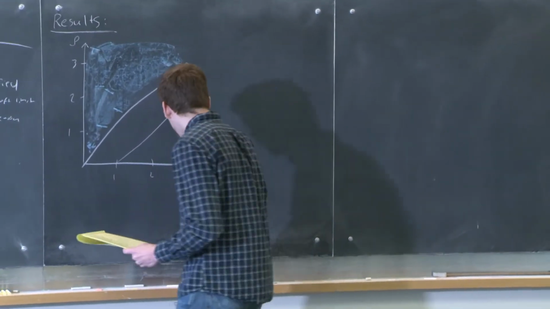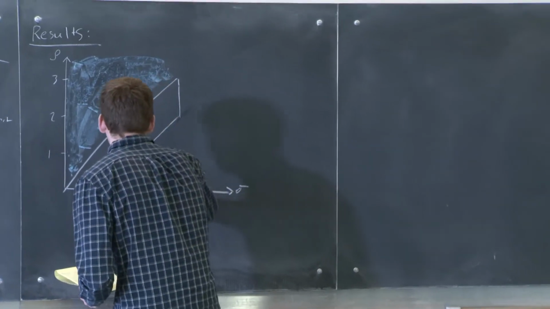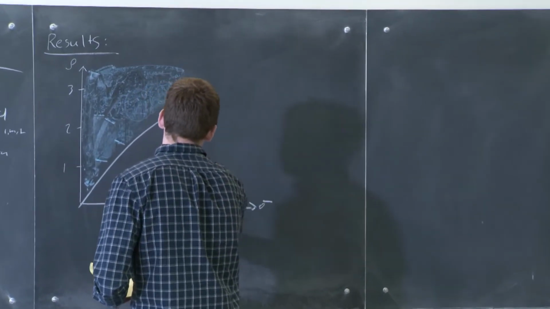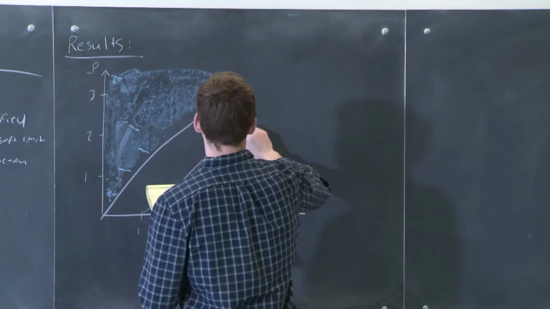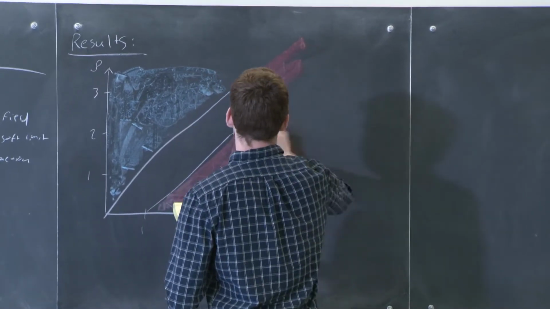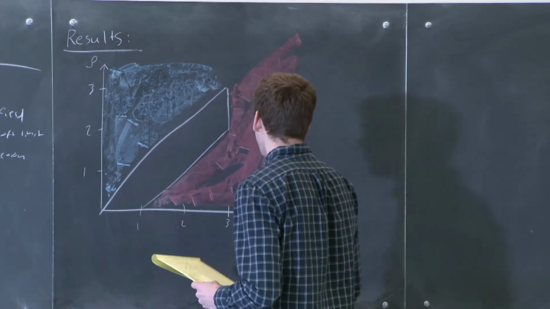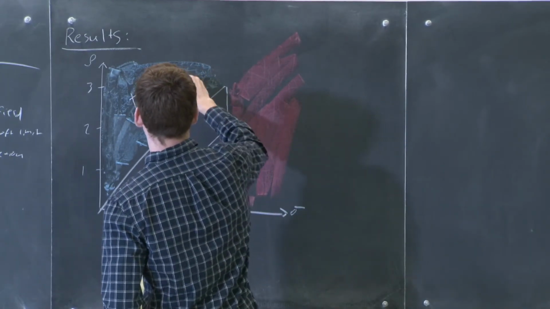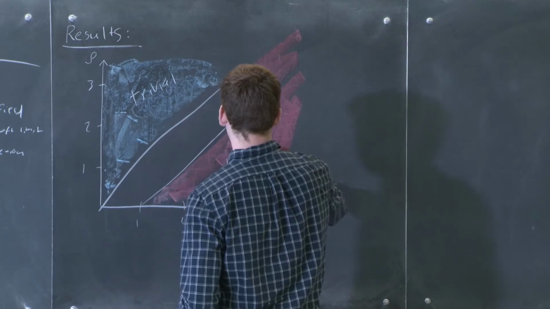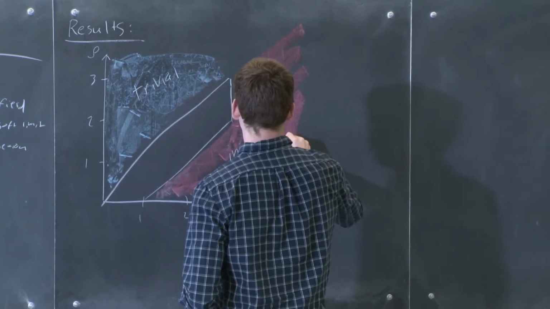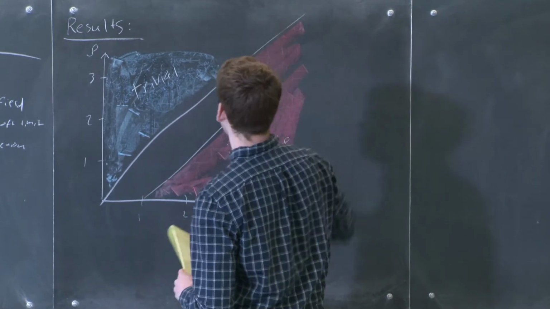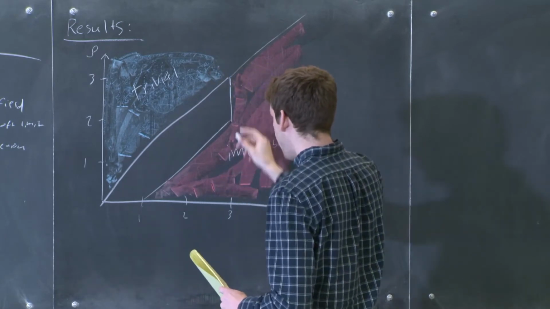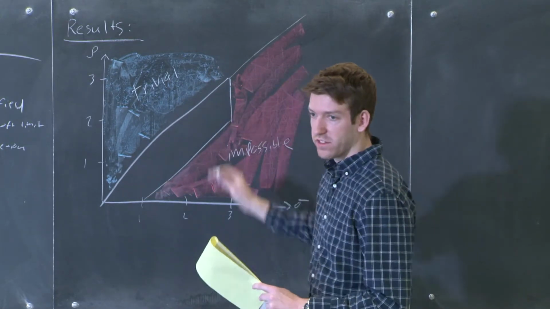So we have this whole region is ruled out. All over here, this is ruled out. So this is trivial. This is impossible. And this just continues. And then this is the region where we find theories existing.